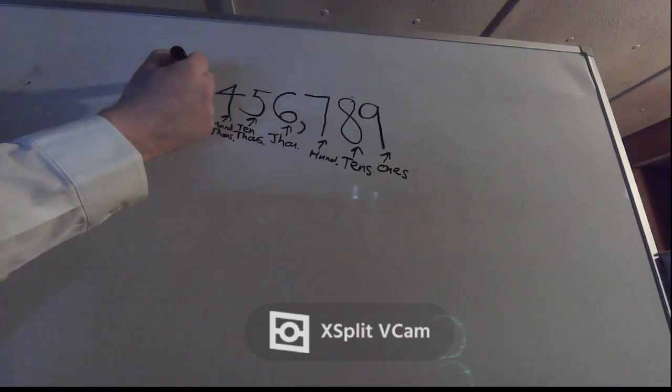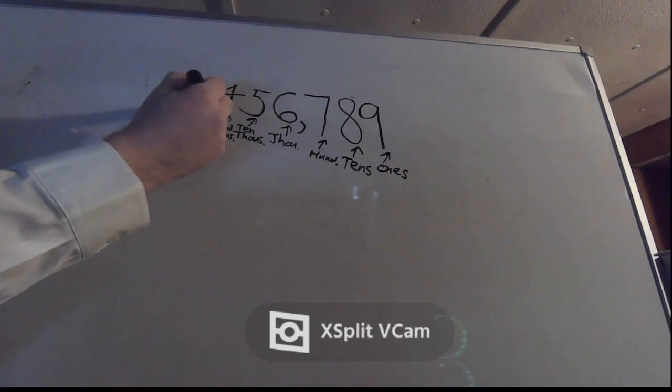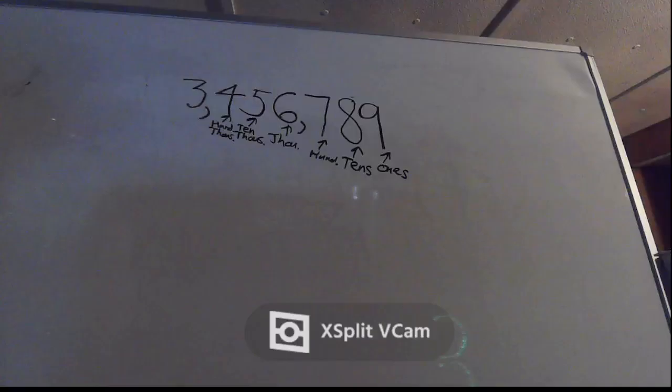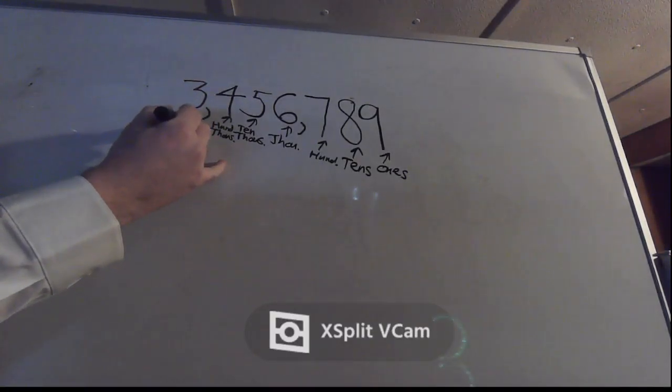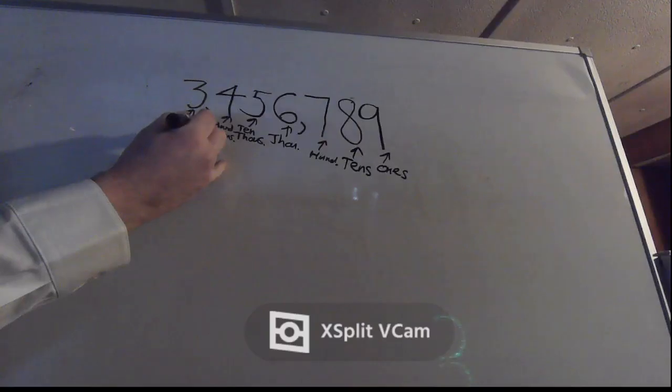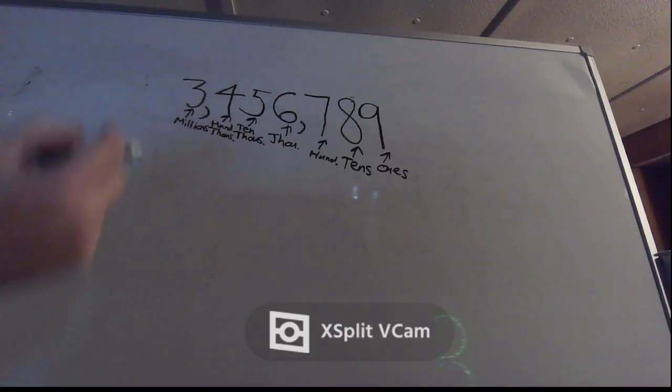And we'll do one more. For good measure, I'll put a 3 there. We will have 3 in the millions place. If I put a 2 in front of the 3, we go into the 10 millions place. And if I put a 1 in front of that, we go into the 100 millions place. And after that will be the billions place. So on. You get the idea.